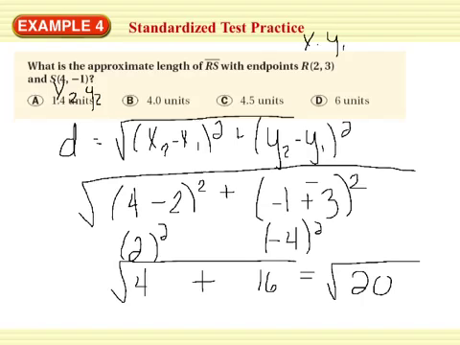Let's check that out. I have about 4.5. Okay, needed a calculator for that one because it was not a perfect square.